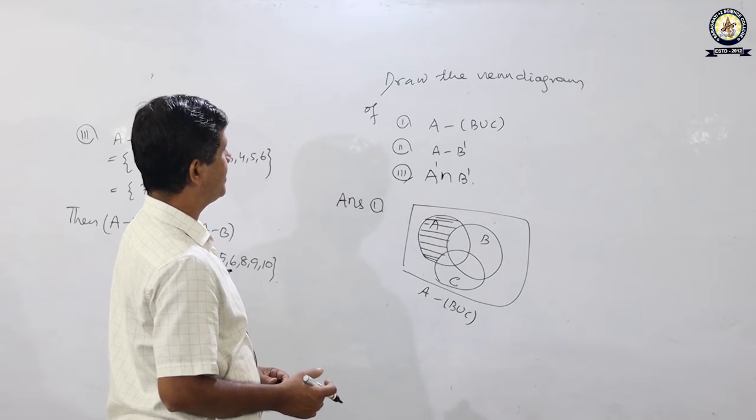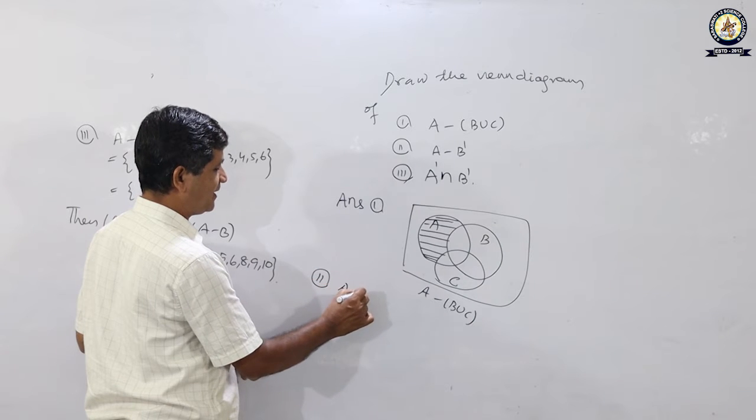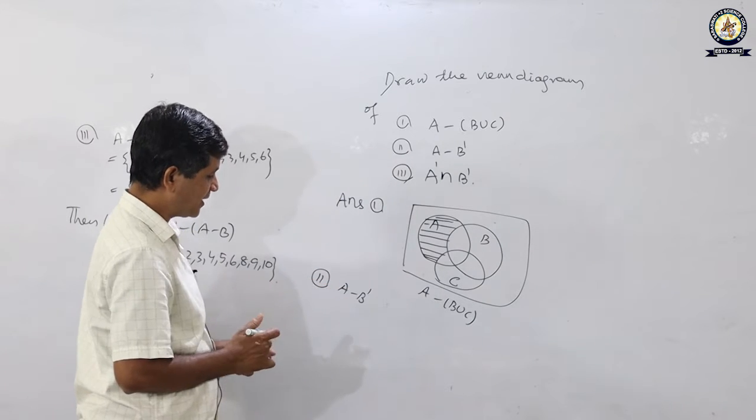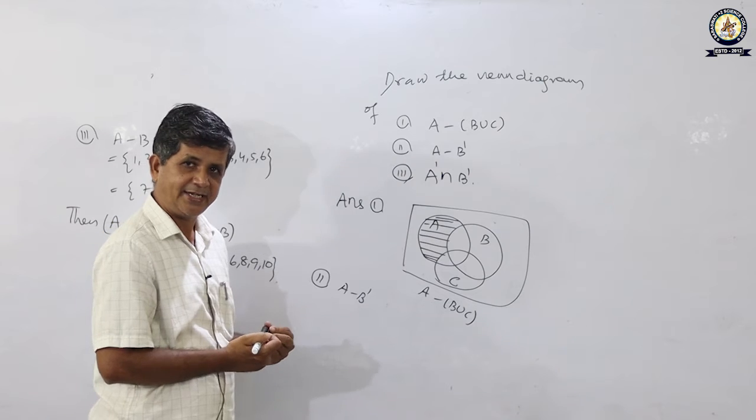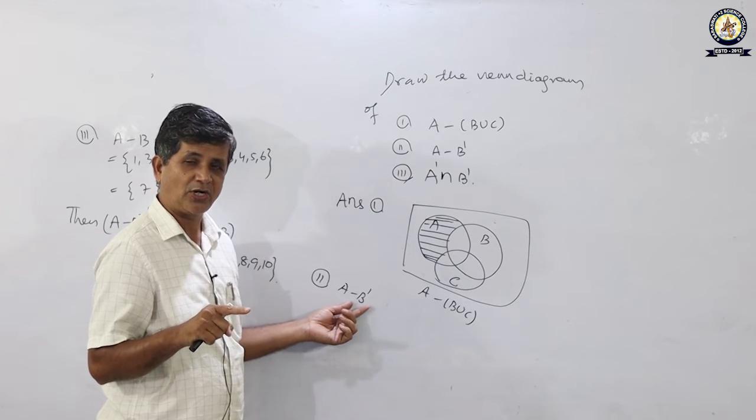Next, tell me, what about the second bit? The second bit is A difference B dash. Remember, these are the elements present in A but not in B dash.